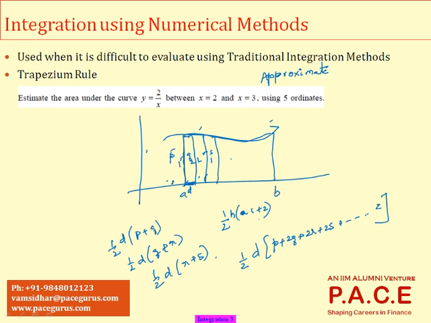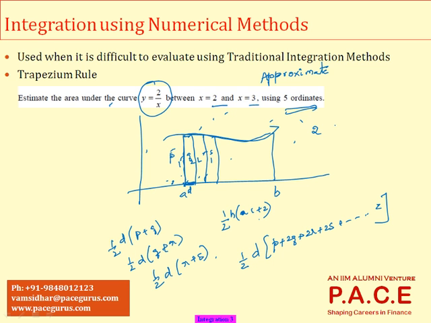Now, here if I want to find out, let's say, the area under the curve y equal to 2 by x between 2 and 3 using 5 ordinates. 5 ordinates means I am actually breaking my whole data into 4 parts.